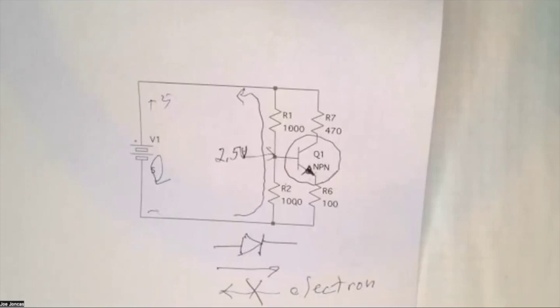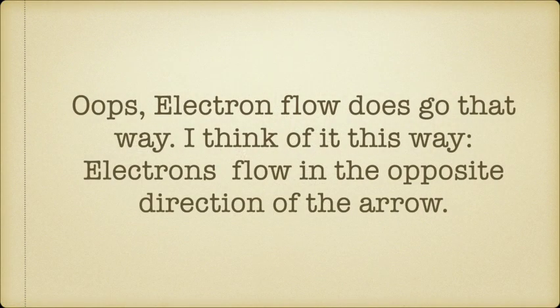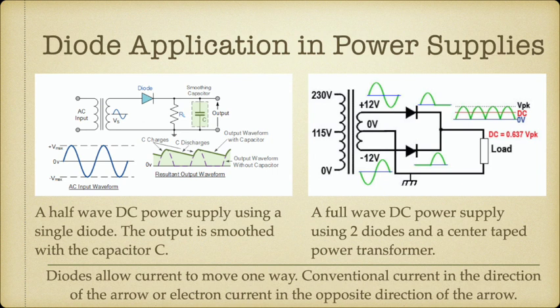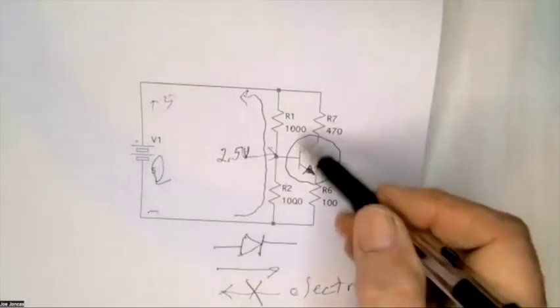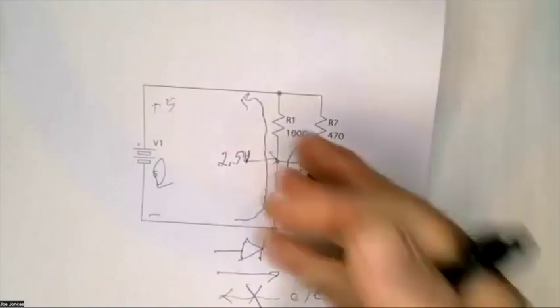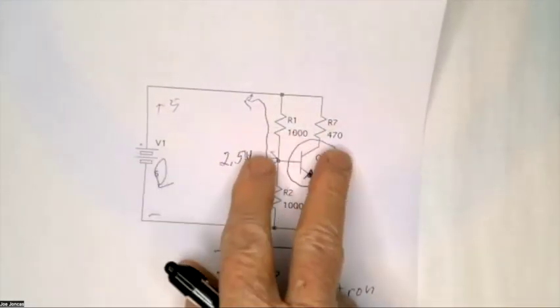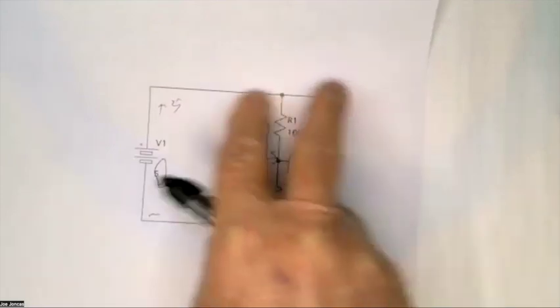Electron can't flow that way, but hole flow can go that way. So that's a diode. This is a transistor. So anyway, this is the reason that we're learning about voltage dividers, so that you can understand how circuits work.